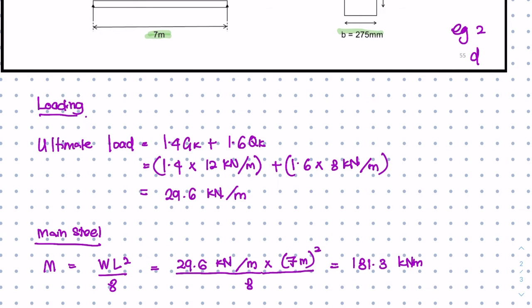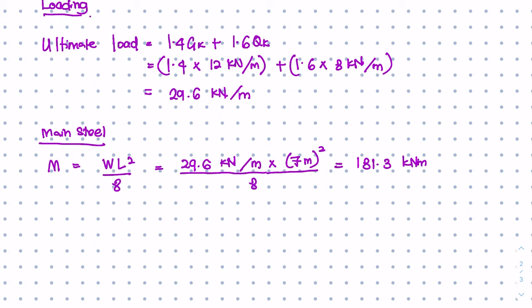kilonewton meter. Next, we calculate the ultimate moment resistance, because we need to check that M must be less than Mu in order for the design to be a singly reinforced concrete beam. The formula is 0.156 fcu bd square.